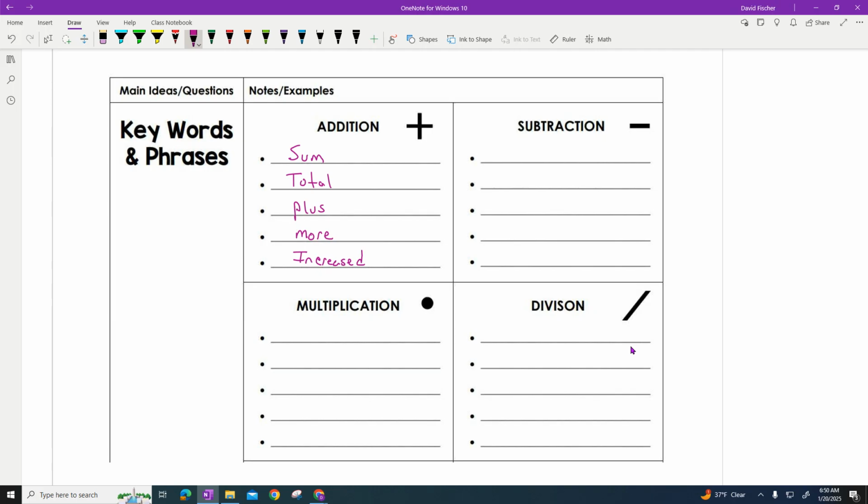Subtraction would be, here's the big one, difference. That means subtraction. Plus, the opposite of plus is minus. I want to come down here and put that. Increase, the opposite of that would be decrease.